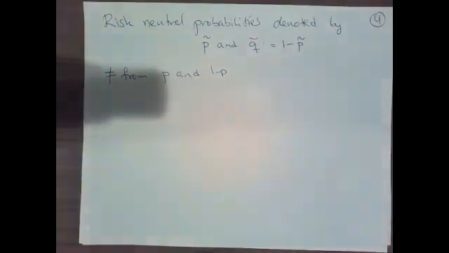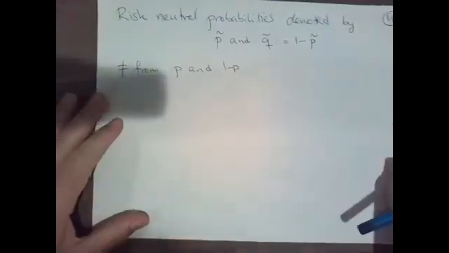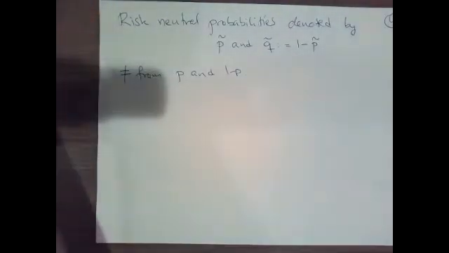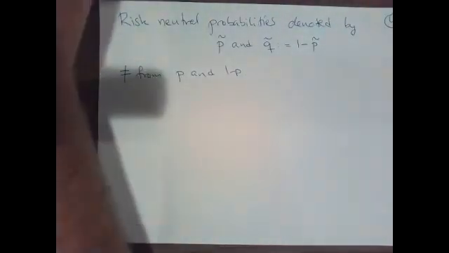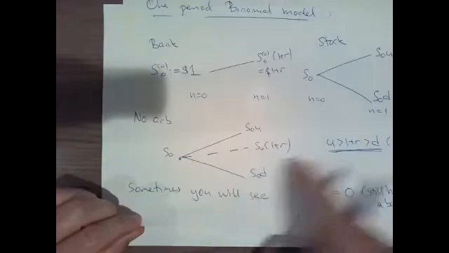So how does one create these risk neutral probabilities? There are many ways to introduce them, and let me show you how I think about them. All right, so we have our tree here. Let me make a copy of this on the next slide.